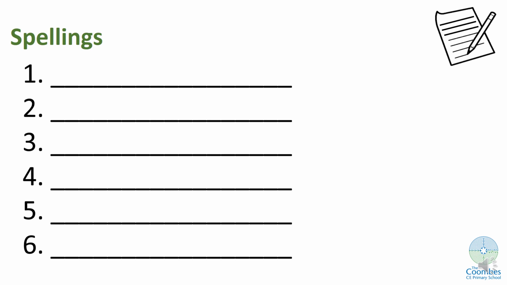Remember to bring your reading book to school. The word is book. Number 4 is chunk. Have a chunk of chocolate and put it on your ice cream. The word is chunk.